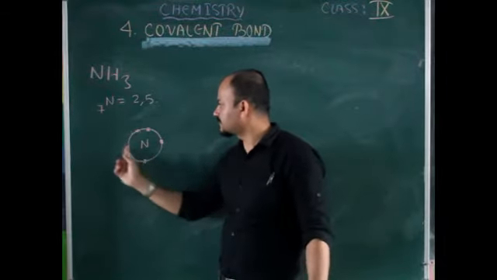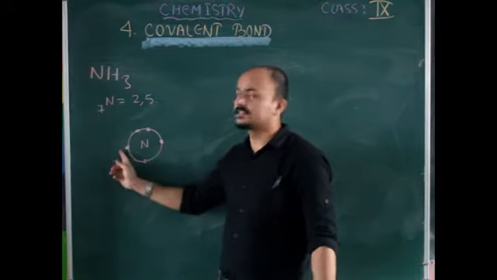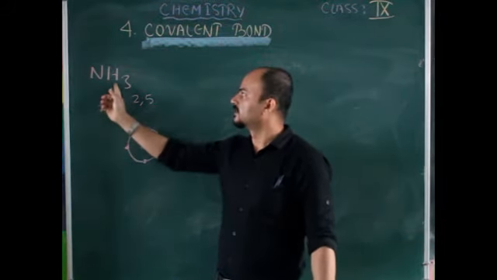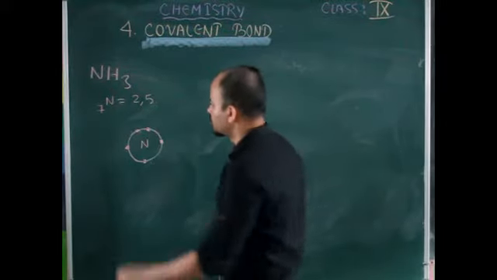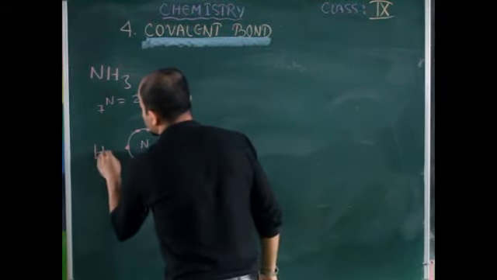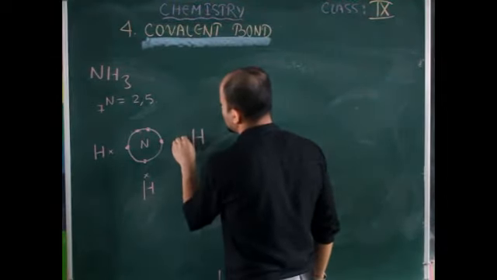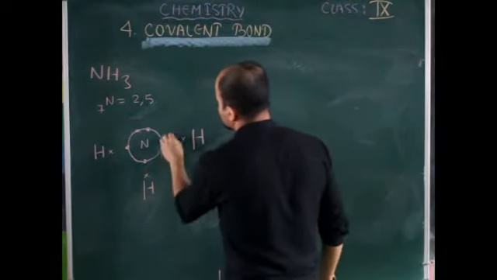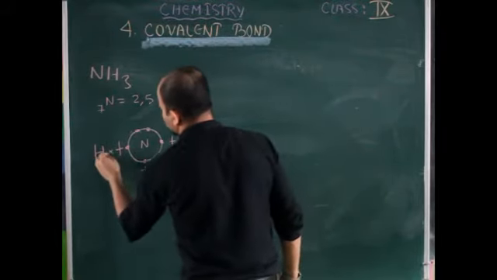It has 5 electrons, so it needs 3 electrons. Those 3 electrons are shared with hydrogen. Three hydrogens will share their electrons with nitrogen. That means they are going to share electrons.